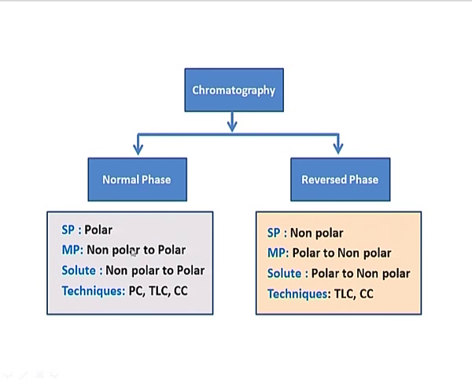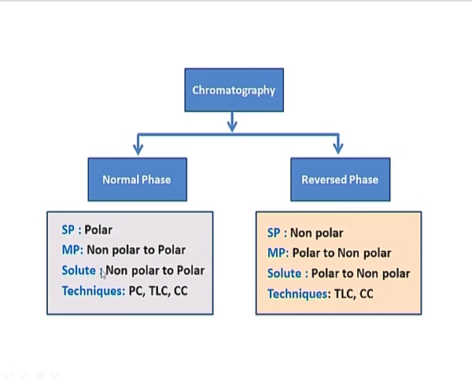If you are using this type of stationary phase, the chromatography is called normal phase chromatography, and the column or that thin layer would be called a normal phase column or a normal phase TLC, right. On the other hand, you can also pick a stationary phase which is very non-polar, maybe more non-polar than the solutes to be eluted. If this is the case, we are talking about reverse phase chromatography. It would be respectively called reverse phase column chromatography or reverse phase TLC.